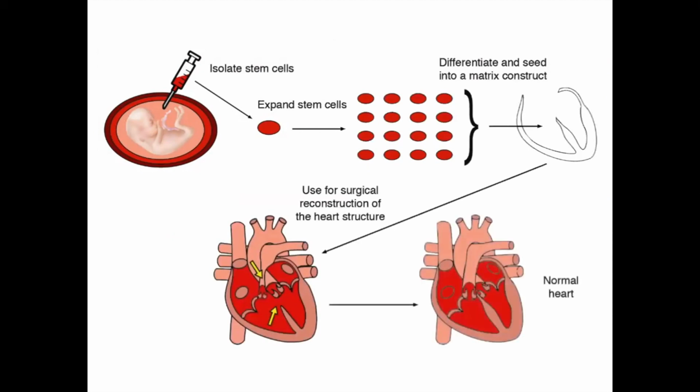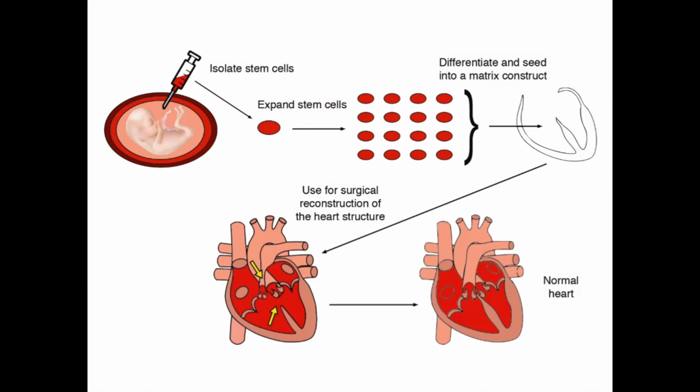But we've focused a lot on cells that we can get from a fetus that's diagnosed with a congenital heart defect that can be used in the infant for repair of these structural heart defects. And the vision is that about 80% of congenital heart defects are diagnosed prenatally in a fetus, and we're hoping that we can isolate stem cells, differentiate and seed them, and then use them for surgical reconstruction.